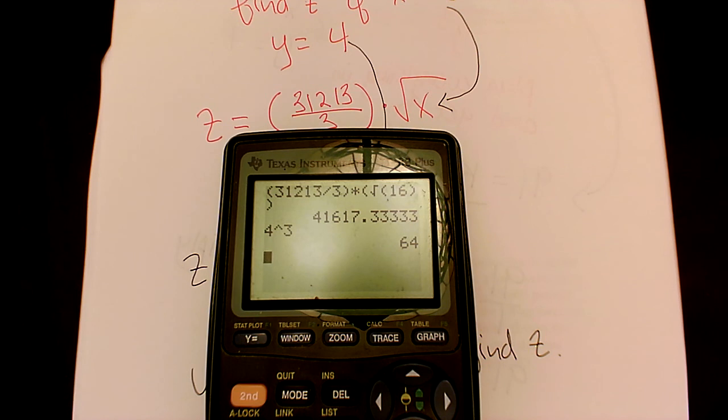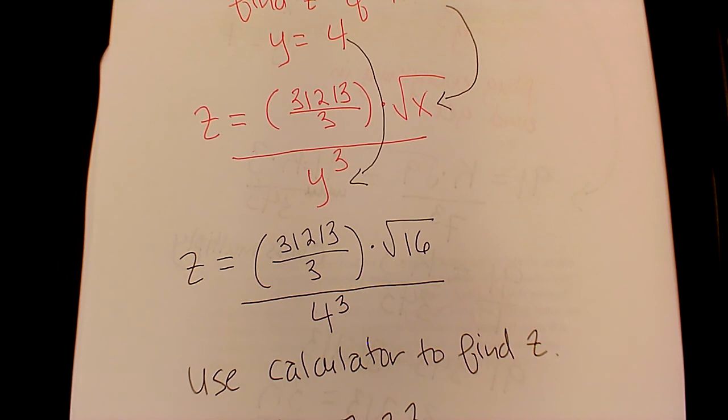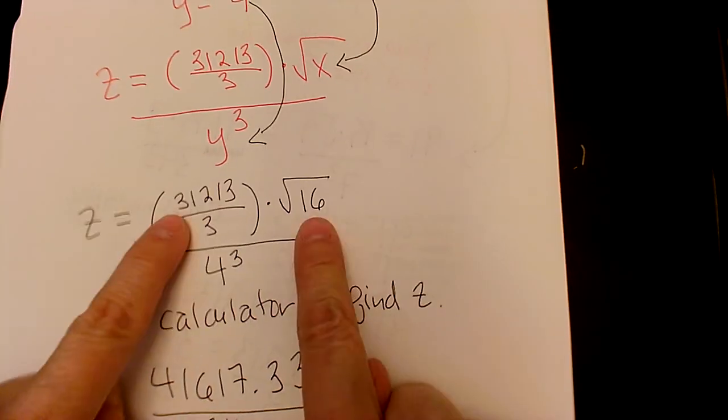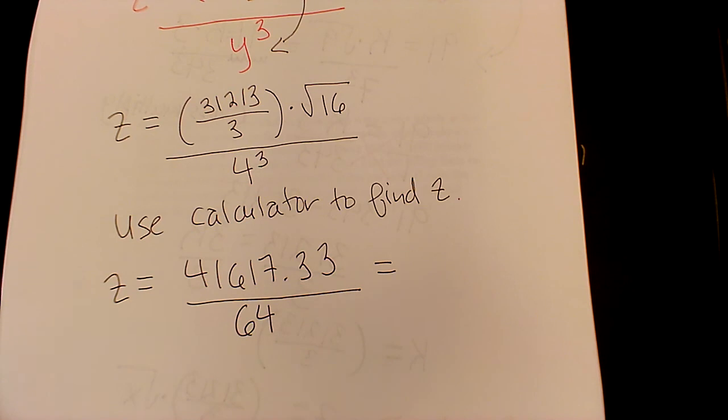That's my bottom, 64. Or you could do 4 times 4 times 4. So that's my bottom. Okay, so from here, I went to here. I'm just going to divide that out, and that's going to give me my Z.